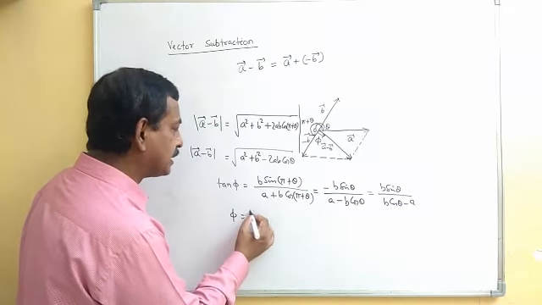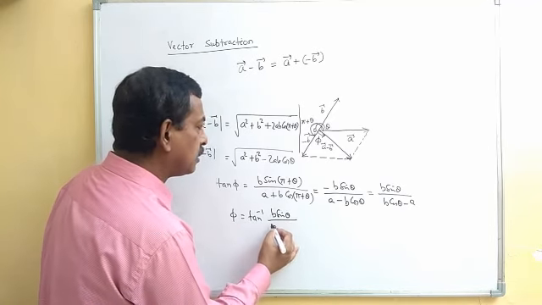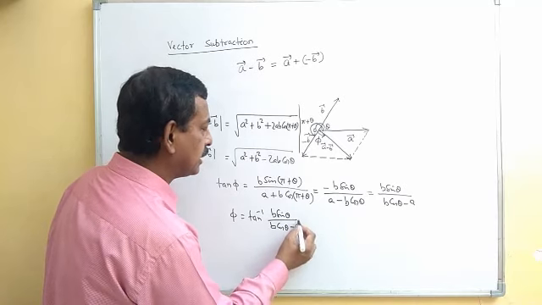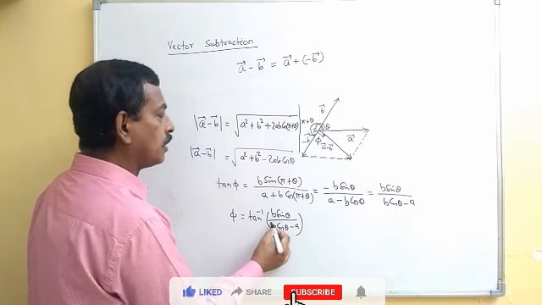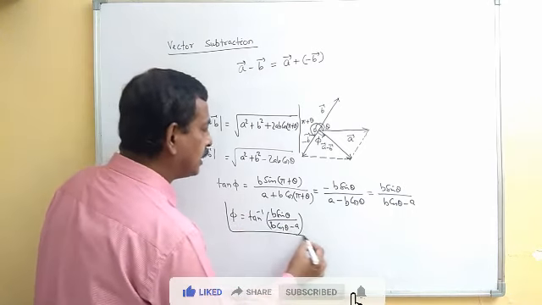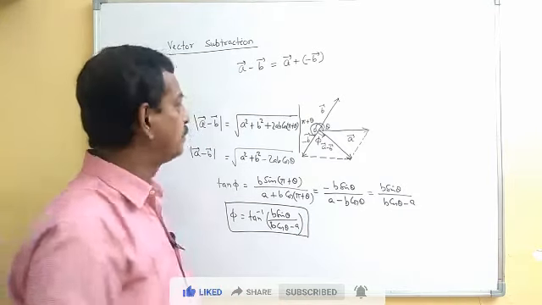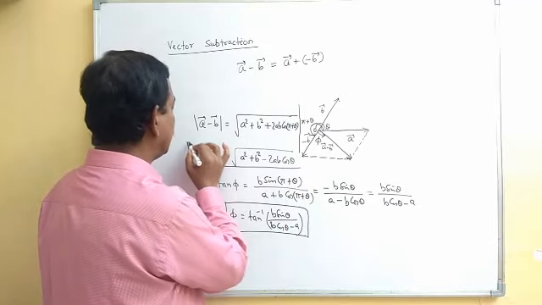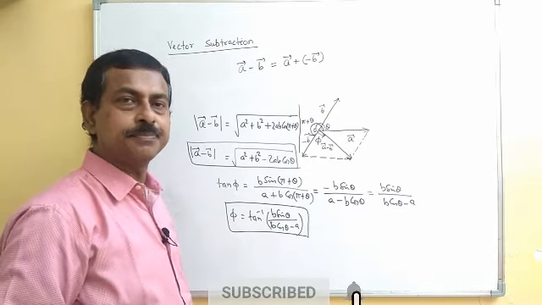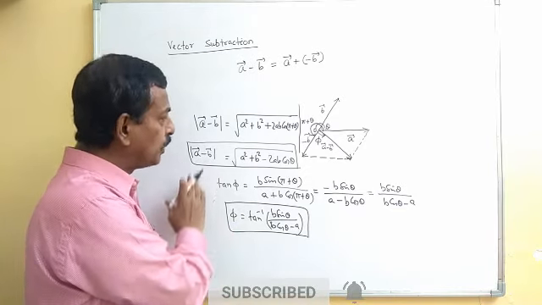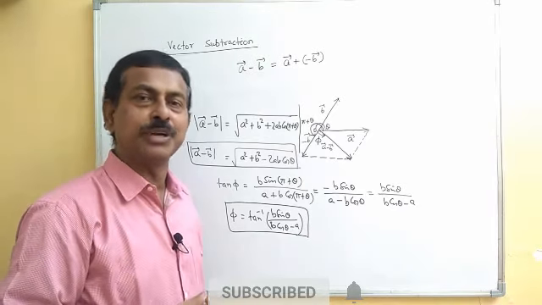Now phi we can write as tan inverse of B sine theta by B cos theta minus A. This is the expression for the angle made by the resultant, that is vector A minus B, with the vector A, and the magnitude is given by the square root of A square plus B square minus 2AB cos theta. So this is how we can get the magnitude and direction in case of the difference of two vectors.